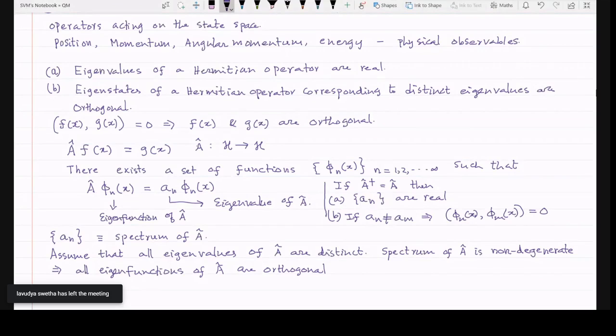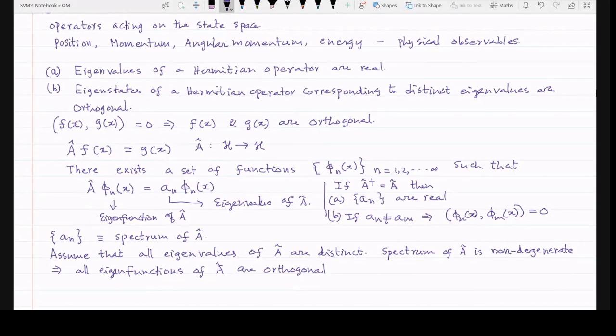Now, we have learned how to normalize each eigenfunction. If we also normalize each eigenfunction, then they are not only orthogonal but also orthonormal.